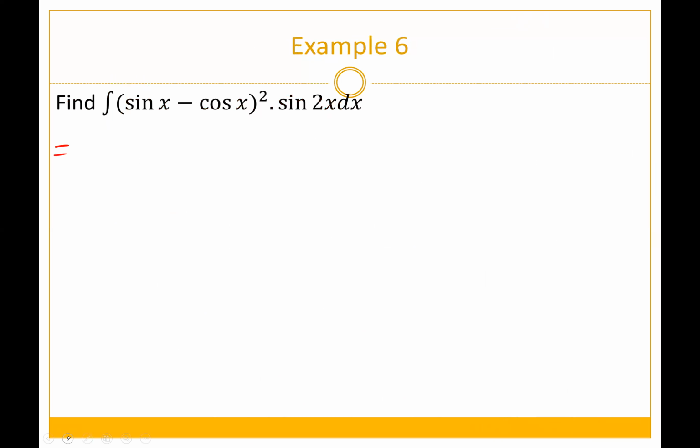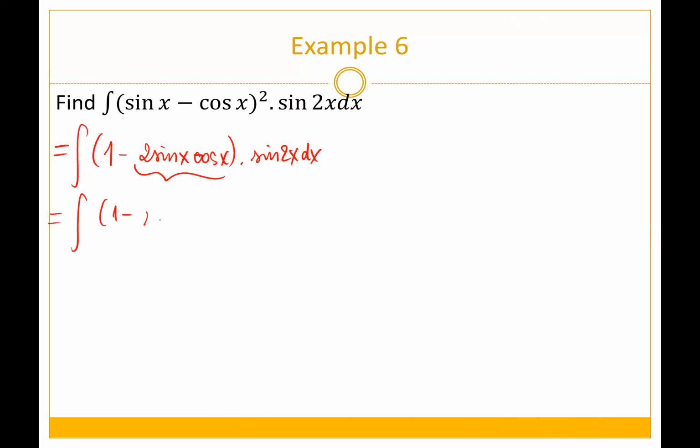Let's see what this square gives us. Sine square plus cosine square gives us 1. And then you have minus 2 sine x cosine x, then times sine 2x dx. And this part is just 1 minus sine 2x multiplied by sine 2x dx. It gives us sine 2x minus sine square 2x dx.